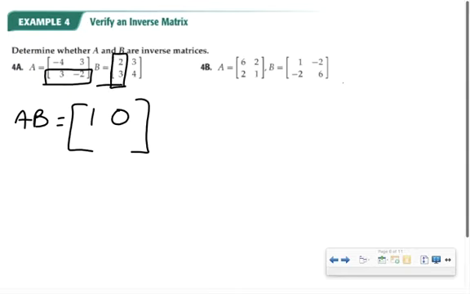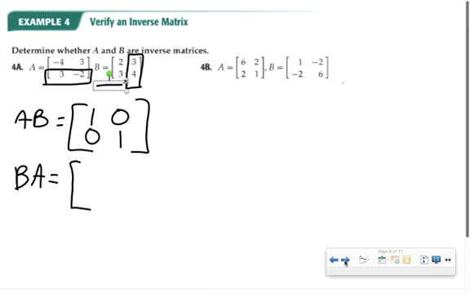Three times 2 plus negative 2 times 3. Three times 3 plus negative 2 times 4. That looks good. I also want to double check in the opposite order.